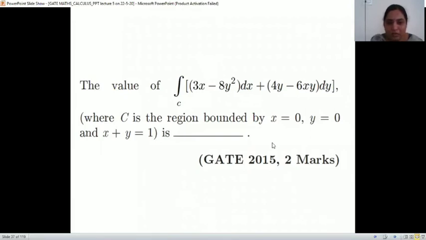Start solving this question and tell me the answer. Till then, some people can join. Those who are present here, just solve it.